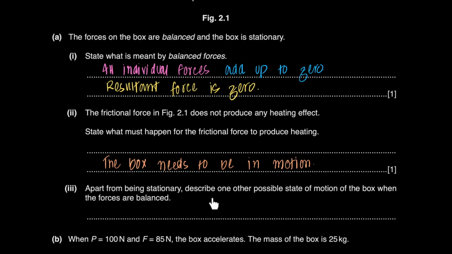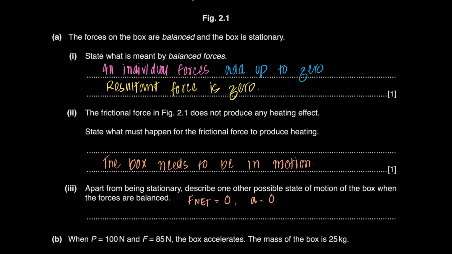Apart from being stationary, describe one other possible state of the motion of the box when the forces are balanced. So forces are balanced, but what could be another motion? It's stationary. Well, forces are balanced. Essentially, that's another way of saying that the net force is 0, right? F net is 0 and acceleration is 0.